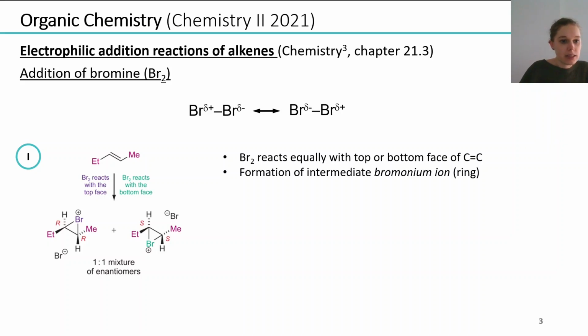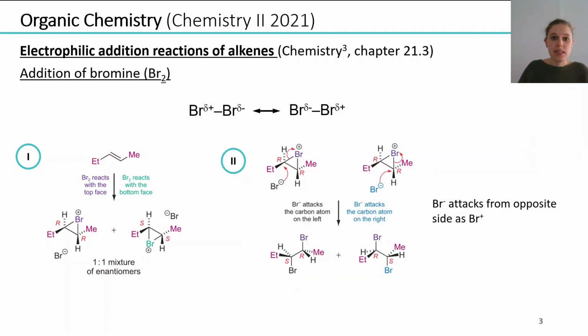And then we can see that after this addition, we form a so-called bromonium ion intermediate. And this bromonium ion is a ring, and you can see already that we have now a 1-to-1 mixture of enantiomers.